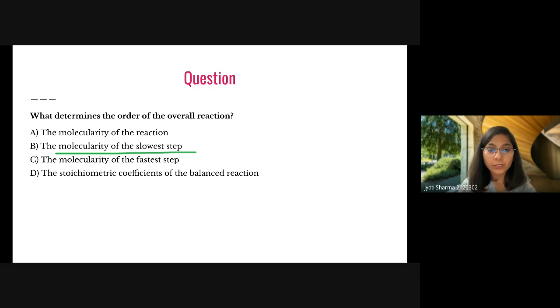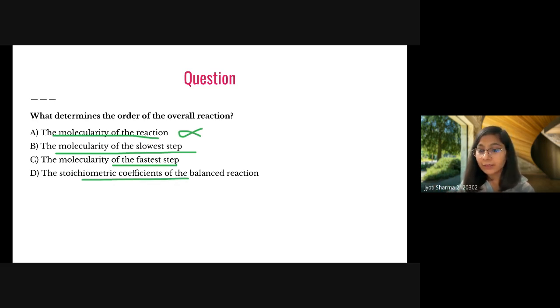If we are talking about the molecularity of the reaction, we understood very well that molecularity can be applied to an elementary step or elementary reaction. We can't apply this to the overall reaction. So this is not the right answer. Then molecularity of the slowest and fastest step, as I have already discussed, the slowest step is the determining one rather than the fastest step.